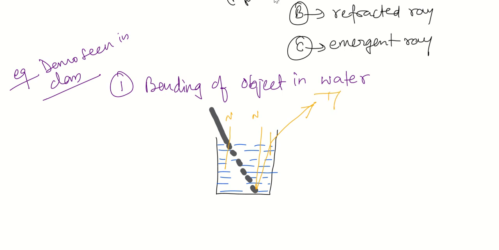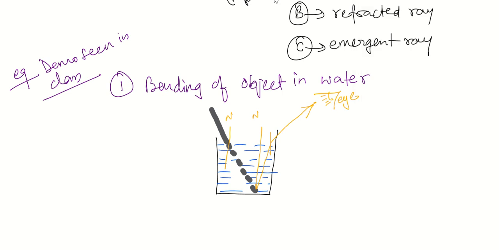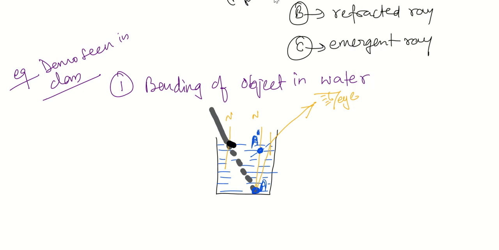Our eye, which is here, will see the object somewhere here. So this tip A will appear here as A dash, and this tip will bend and come till here.